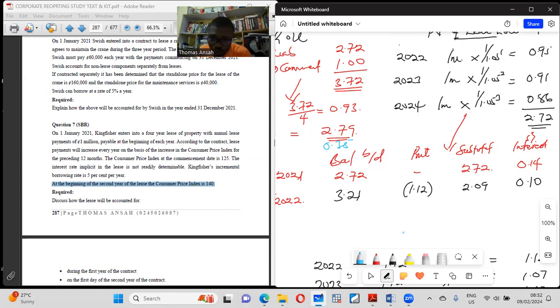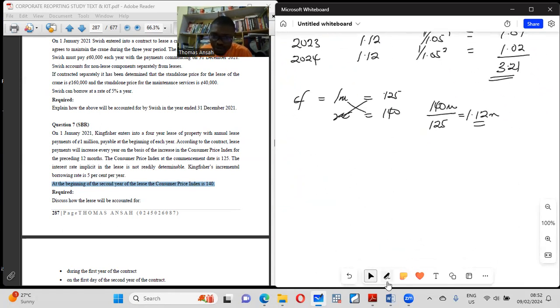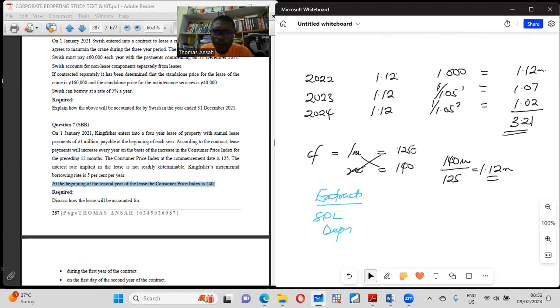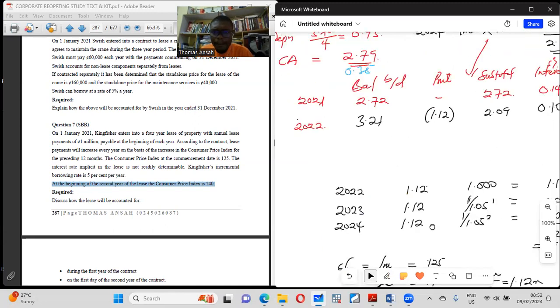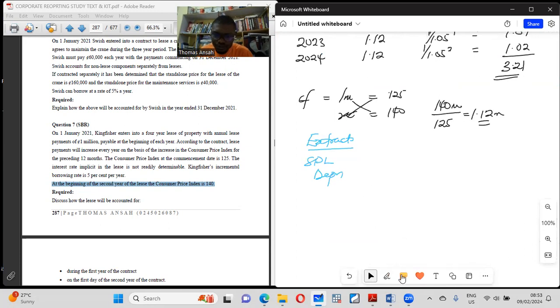So in our SPL, in the extract, you have depreciation. How much was our depreciation? The depreciation was 0.93.